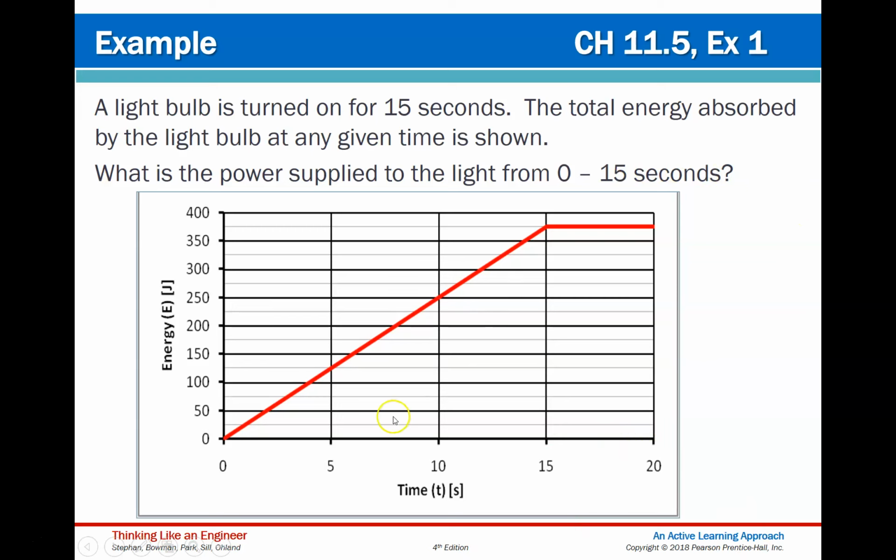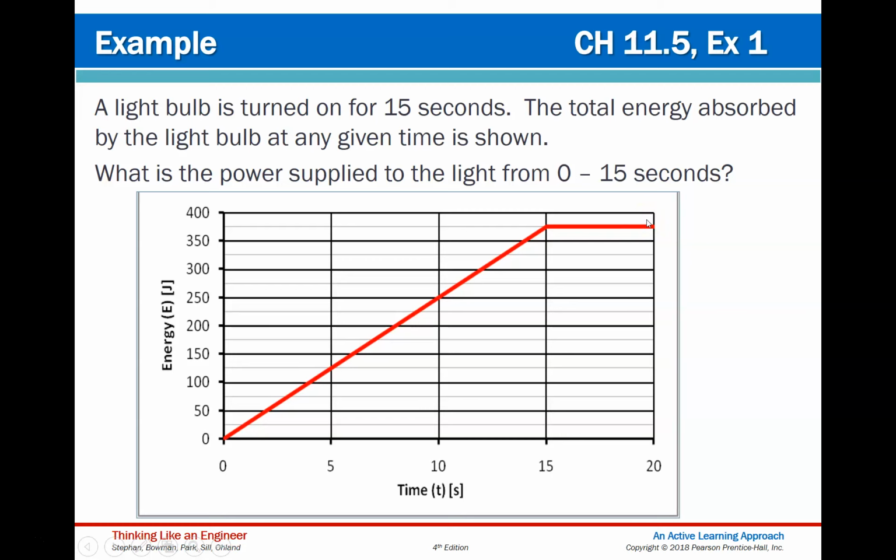The total energy absorbed by that light bulb is shown with this particular graph. And at time 15, the energy does not change. So let's deal real quick with the power beyond 15 seconds. What do we know about power?